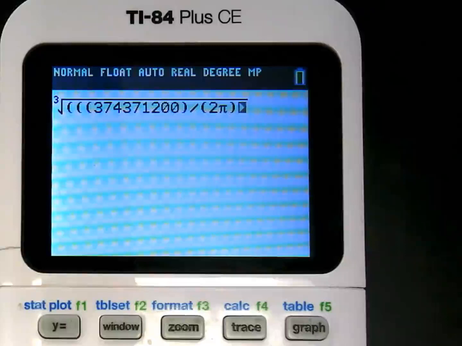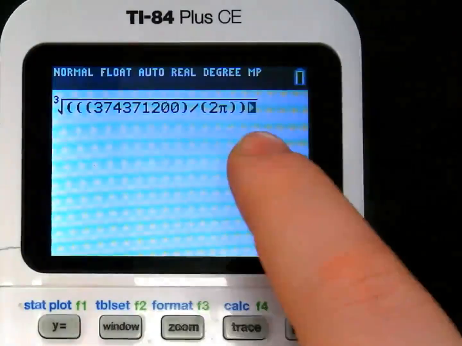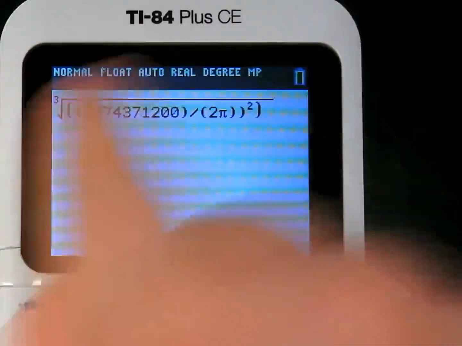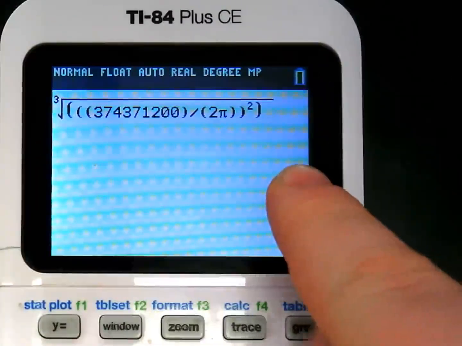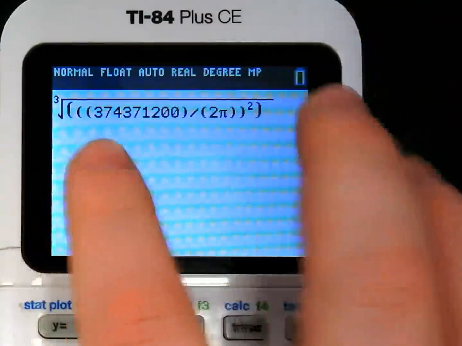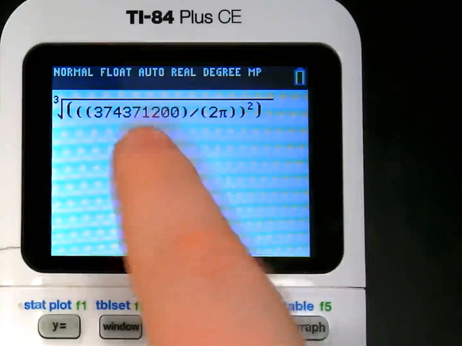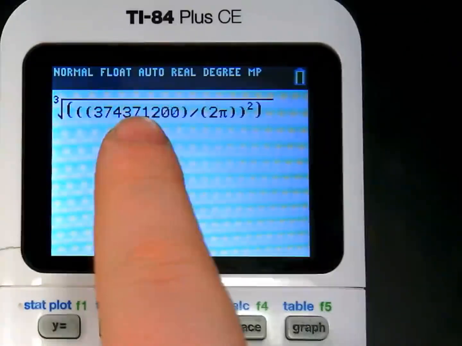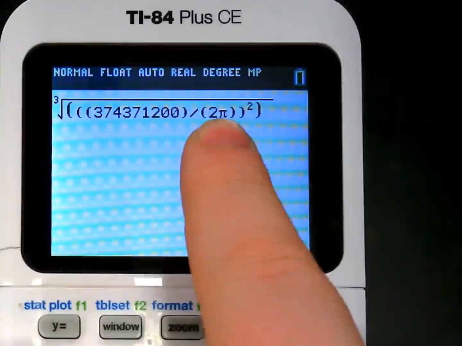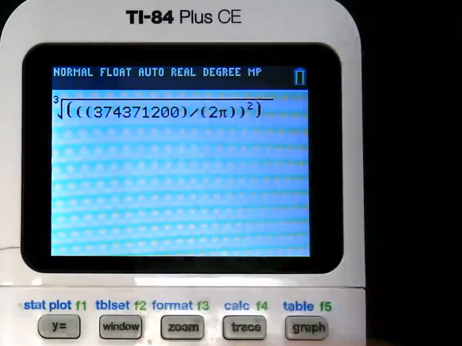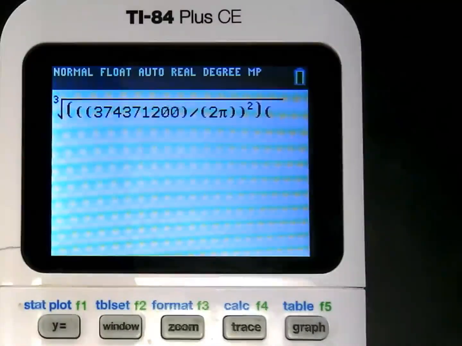And that's all we have to do, so watch. I'm going to put this whole operation into parentheses and square that. Now I've capped it off, so this is all self-contained: this times this, then this divided by that, and then squaring this whole thing. That's all cased off.